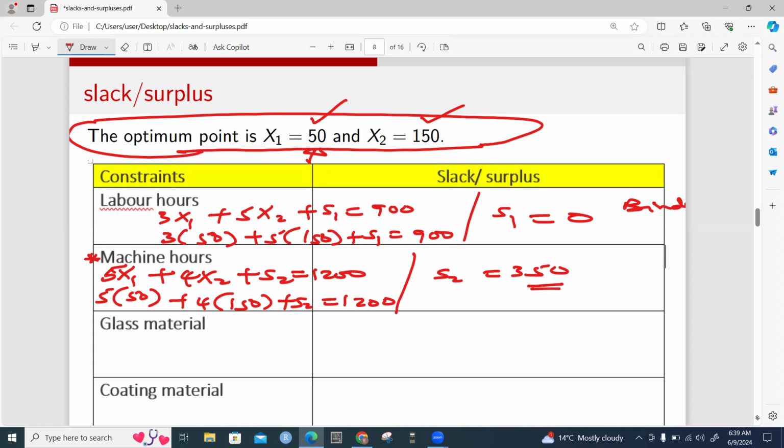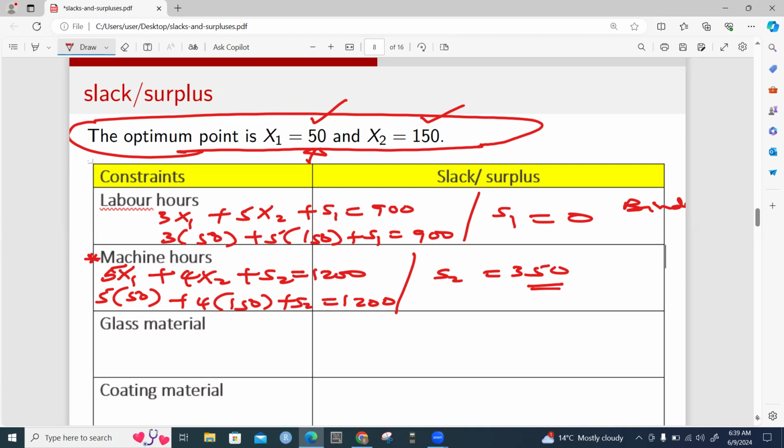So probably this could be important if these machines are hired, maybe per hour. You may want to consider all these 350 hours that you are paying for the machine, and the machine is not in use during that time.